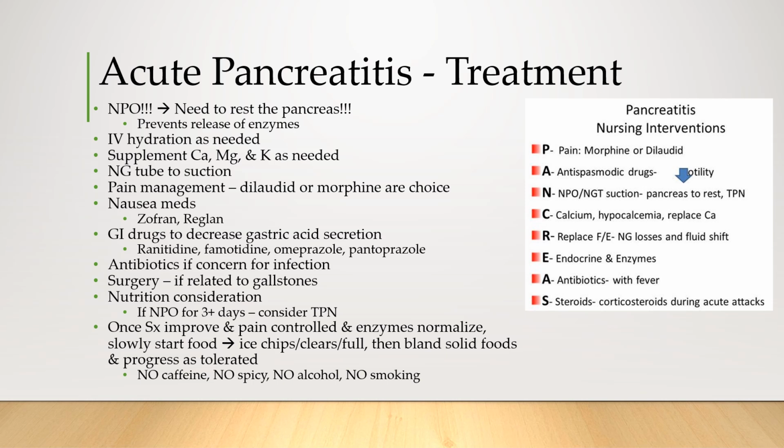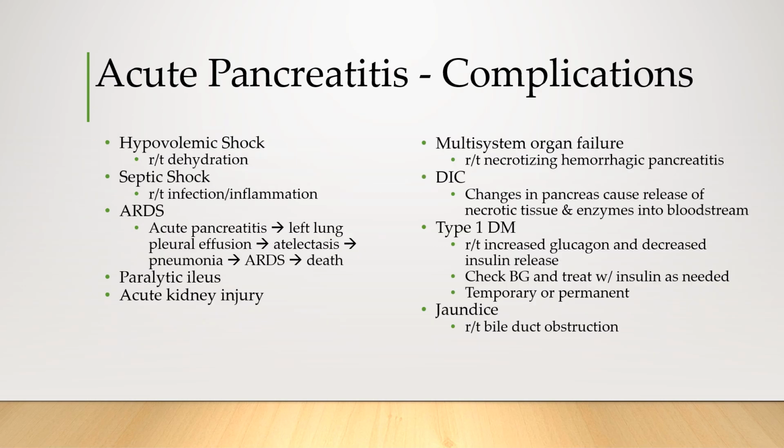We're going to have a lot of bland foods too. They should not have any caffeine. I know, not my idea. Nothing too spicy that will inflame the GI tract and get the pancreas upset again. Absolutely no alcohol and no smoking, because smoking can activate the pancreas also.